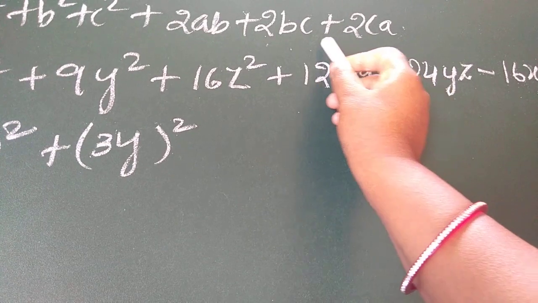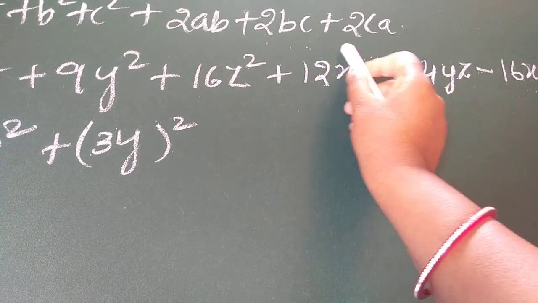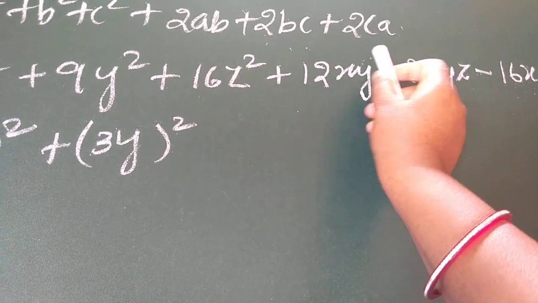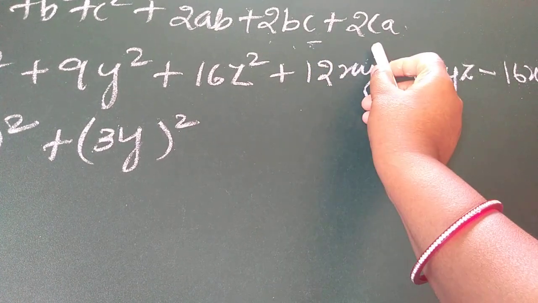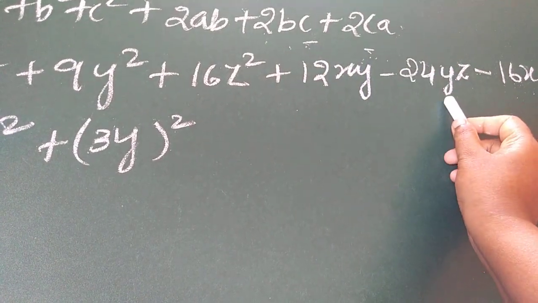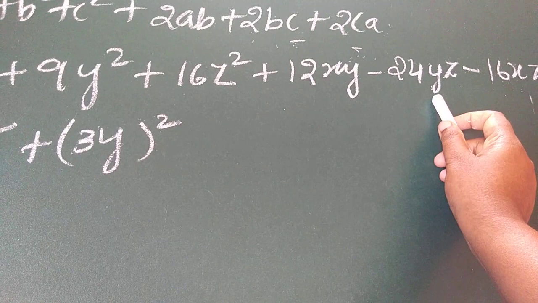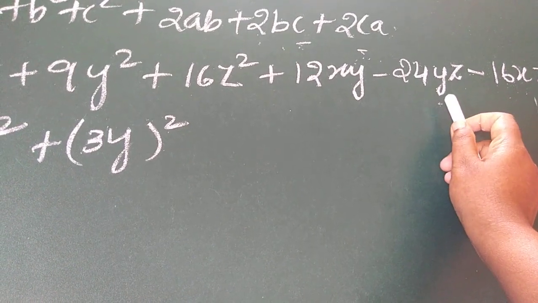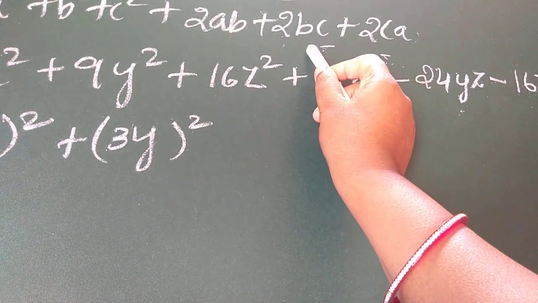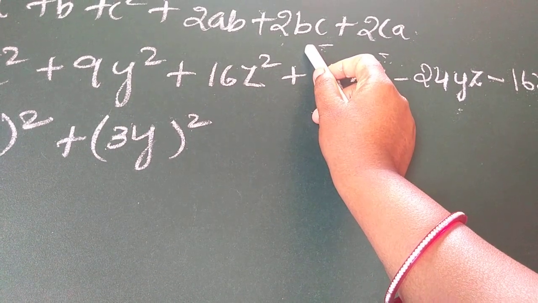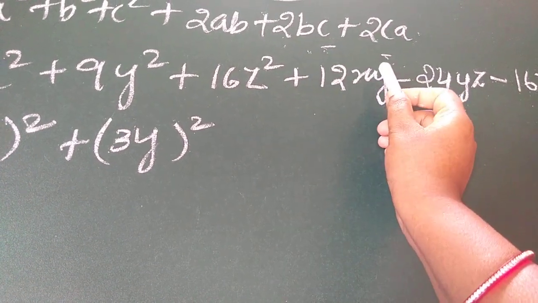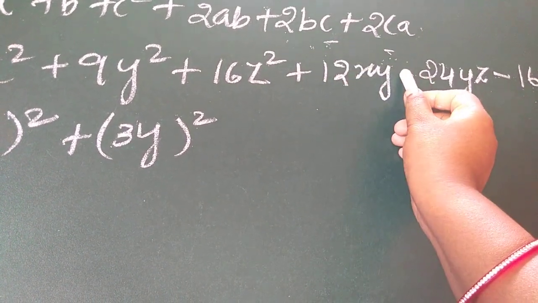Okay children, which one is common, that we have to check. Here is b, here is a, but the common is c in both the last and last but one term. Hence we conclude that c is negative, not the b, because b is appearing only in this term, not in this term.